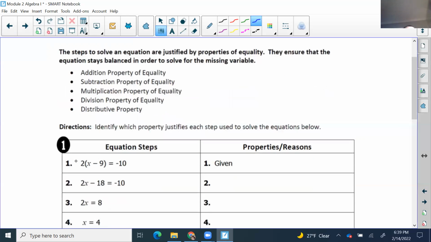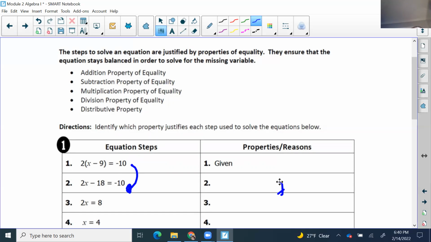So I am given an equation to solve. So the first reason for any equation or algebraic proof is given, because you're given something. And then what did I do to get from this step to the next step?